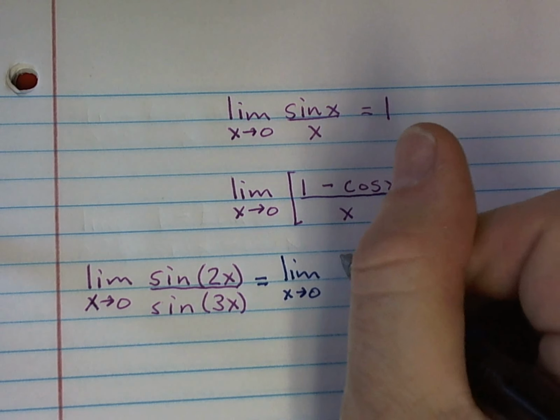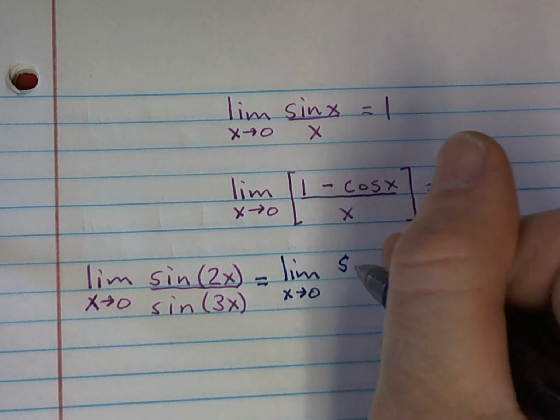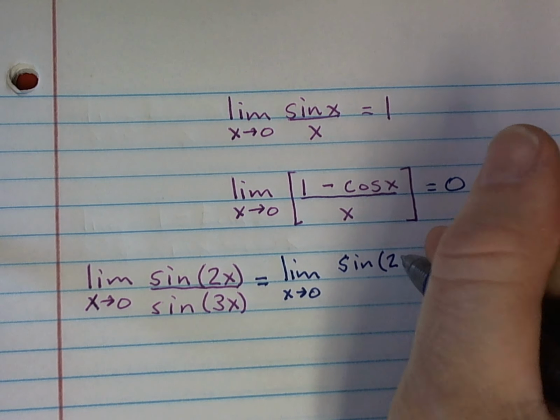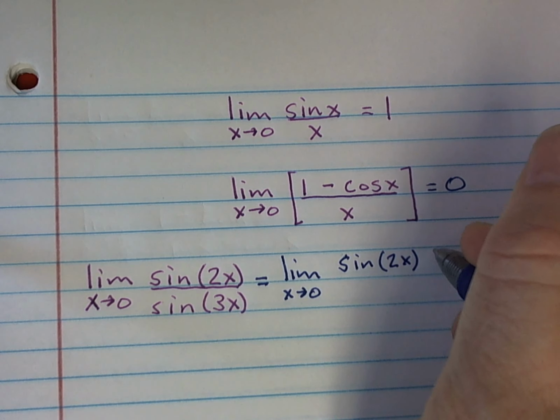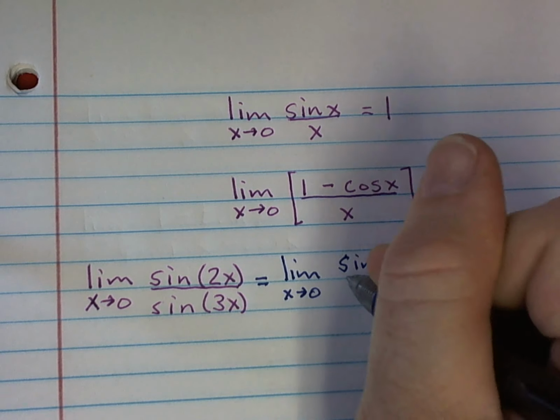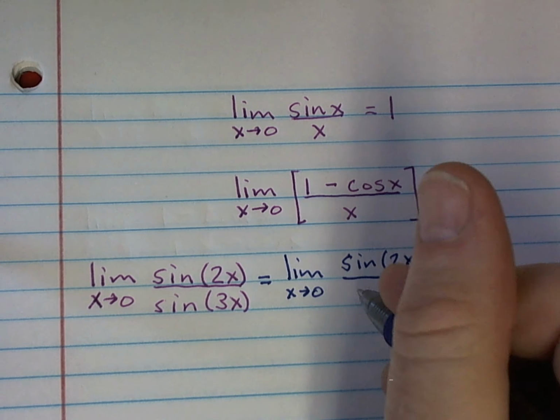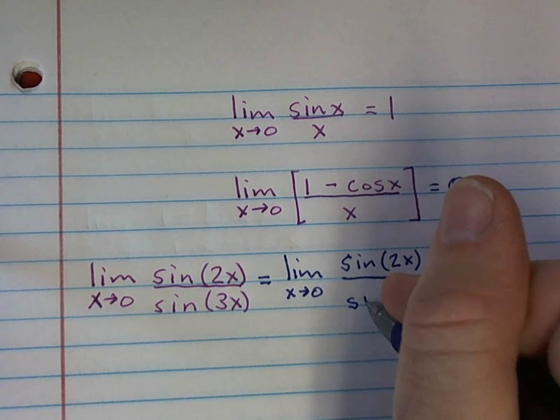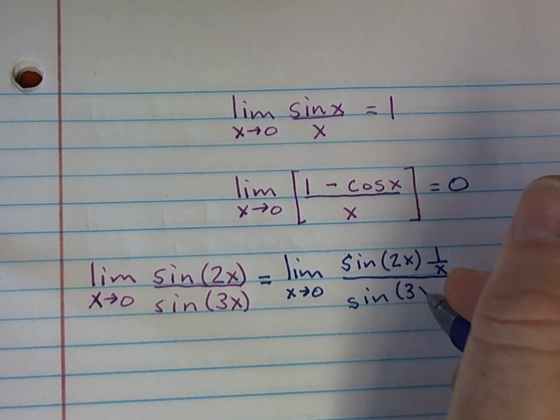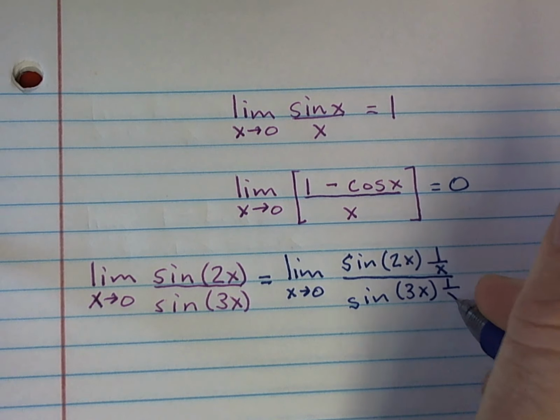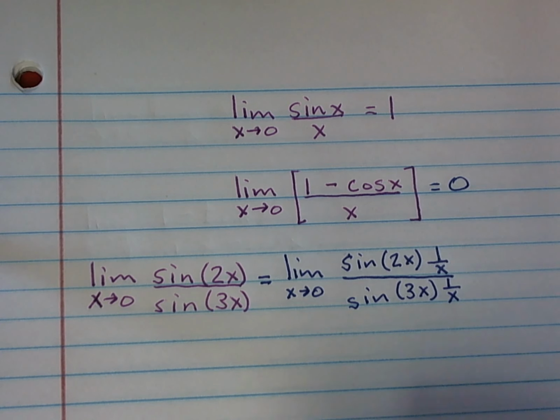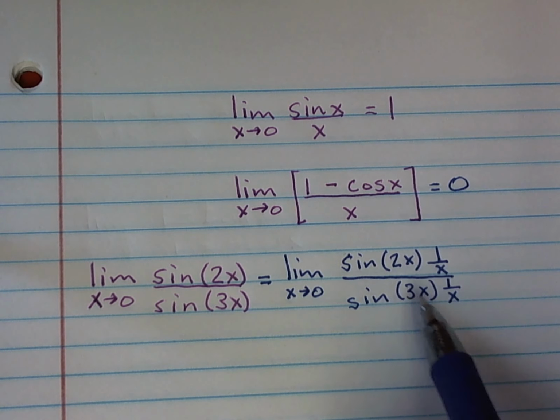Well, instead of 1, what if I multiply the top and the bottom by 1 over x? In other words, I'm still multiplying by 1. It's 1 over x divided by 1 over x, which is 1. So I've broken no laws here.